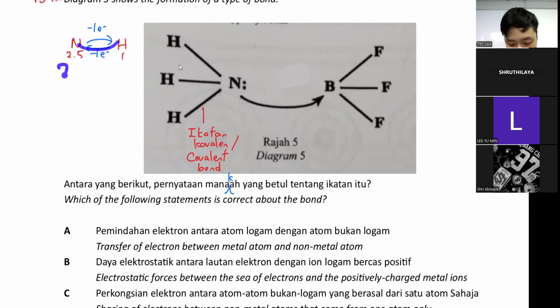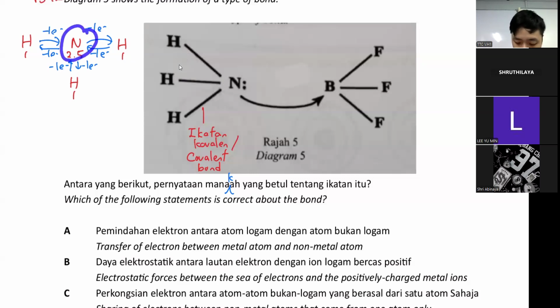Because after sharing 1 it becomes 2.6, so you need 2 more. That's why you need 2 more H to do the same job. You share me, I share you, right? So now N becomes 2.8.